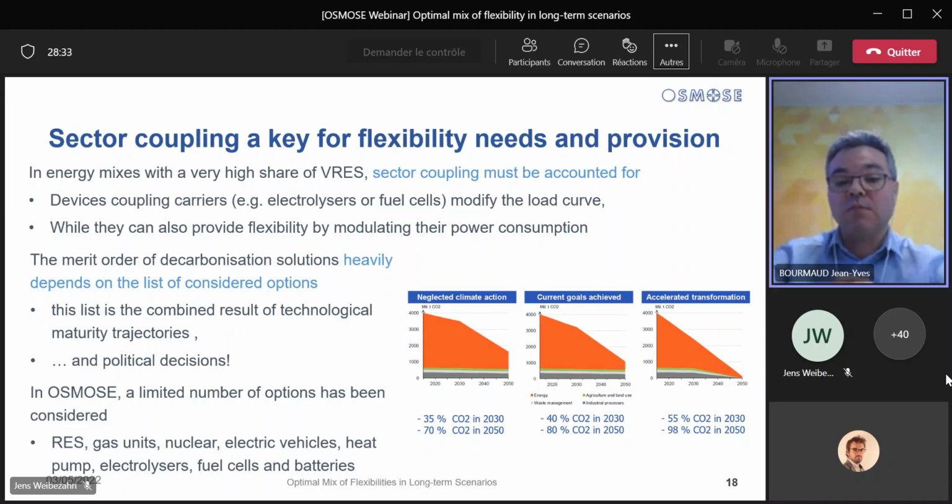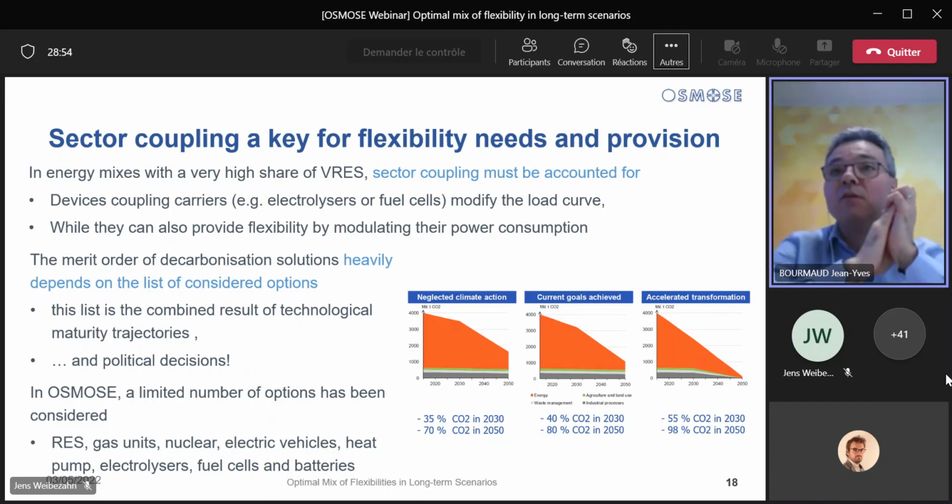Therefore, optimal flexibility is a very ambitious title, as already underlined by Jens once again, in particular because the merit order of decarbonization solutions heavily depends on the list of options we considered to meet, for instance, the European pledges of the Paris Agreement.